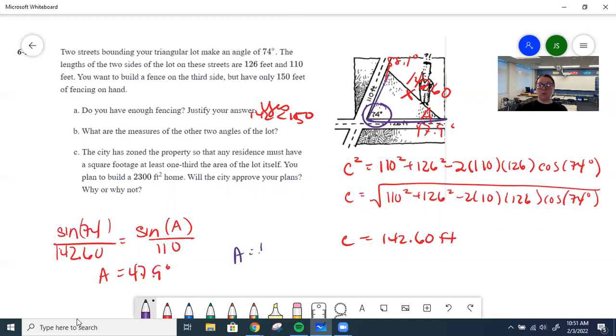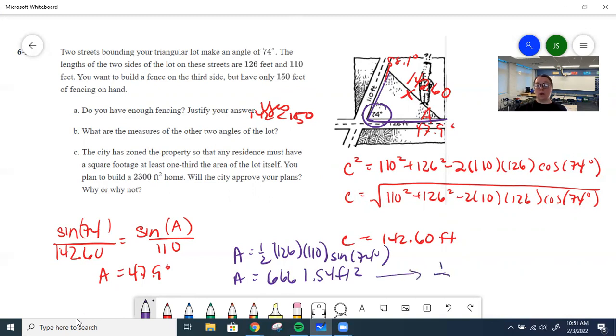So area equals 1/2 times 126 times 110 times the sine of 74, which gives you 6,661.54 square feet. That's the area, and it must have a square footage at least 1/3 the area of the lot itself.